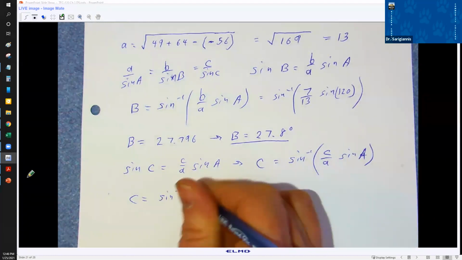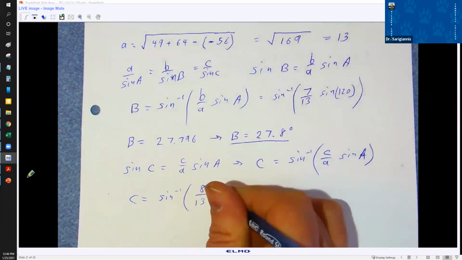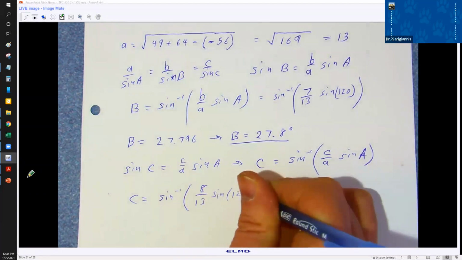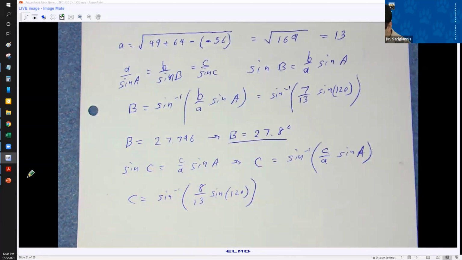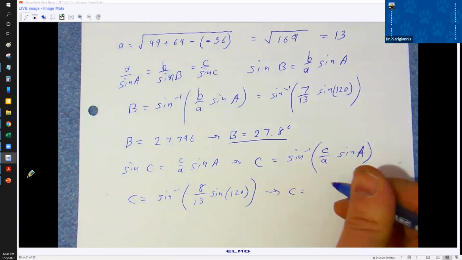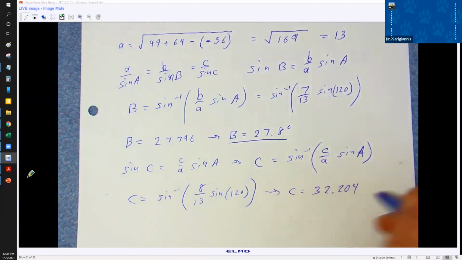C is 8, A is 13, then we have sine of 120 again. And this gives you C equal to 32.204, which is also equal to 32.2 degrees.